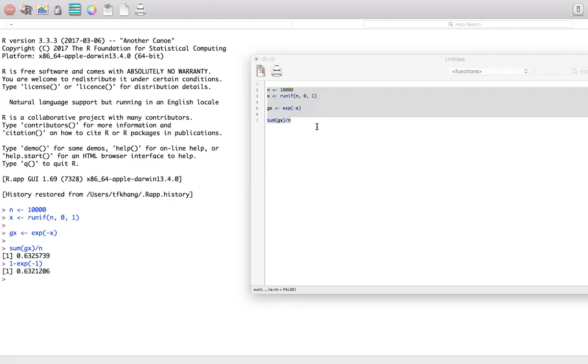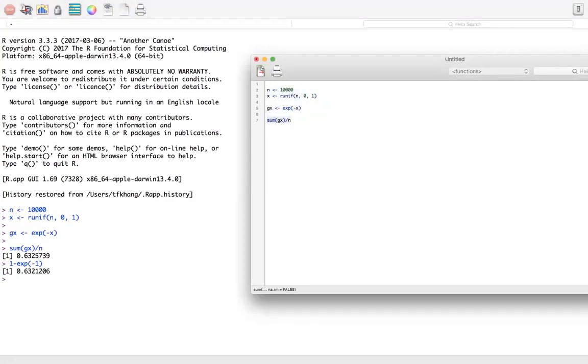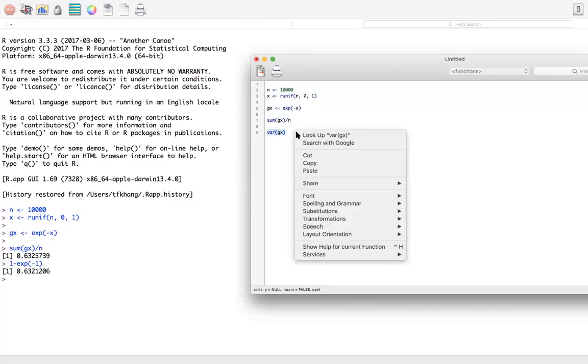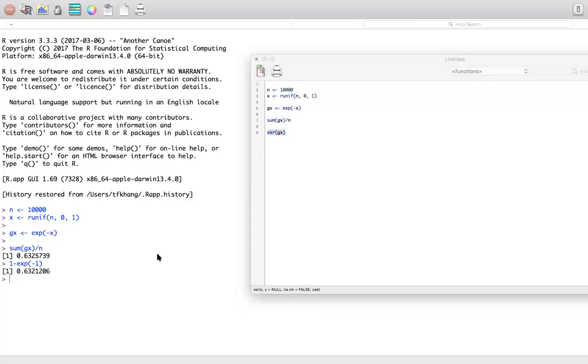Now we're interested in the variance reduction here. So let's calculate the variance of g of x. The variance is 0.032 something.